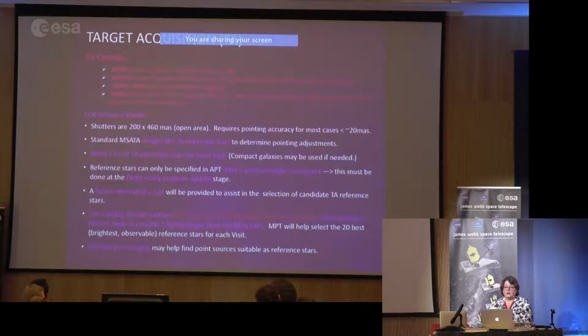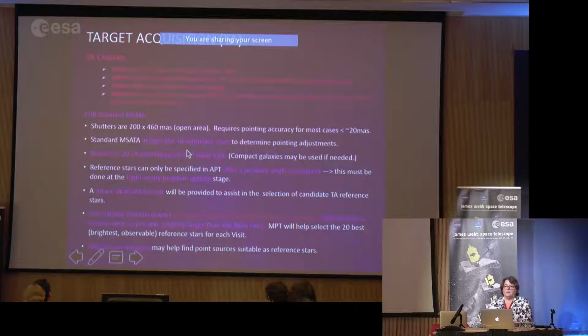MSA target acquisition is the standard method for target acquisition, and it's done with 5 to 20 reference stars. The catalog of reference stars and actually the catalog of sources has to have a relative astrometric accuracy between 15 to 20 milliarc seconds in order to take the best advantage of planning sources accurately within these tiny little slitlets.